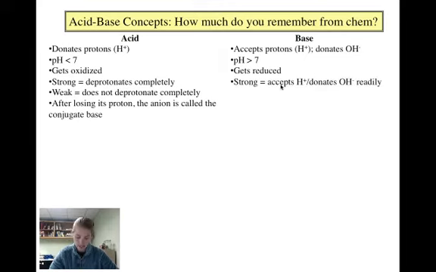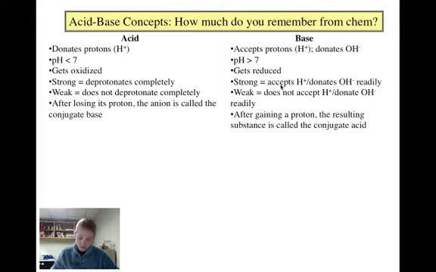A strong base accepts protons readily, or alternatively, it donates hydroxide ions readily. A weak base does not accept protons readily, nor does it donate hydroxide ions readily. After a base gains a proton, the resulting substance is known as the conjugate acid.